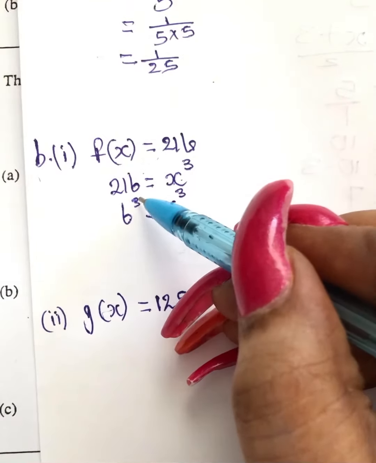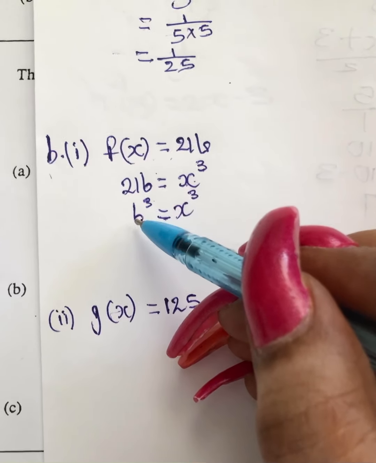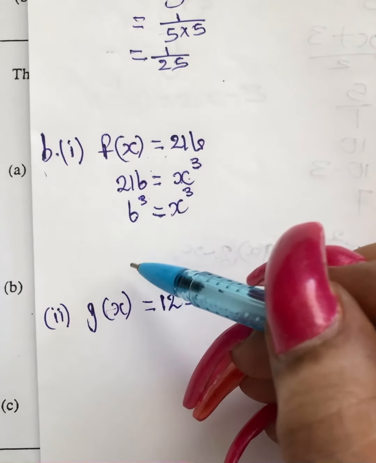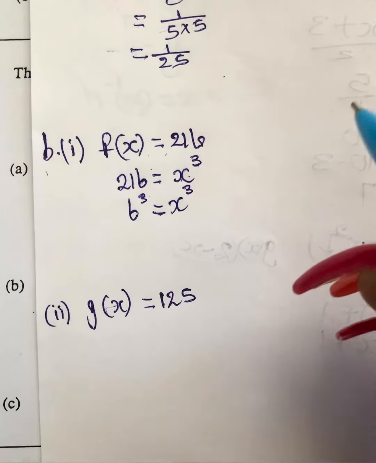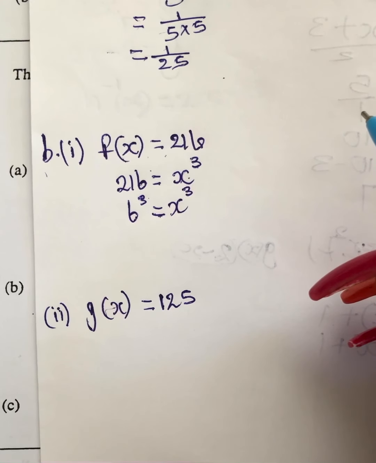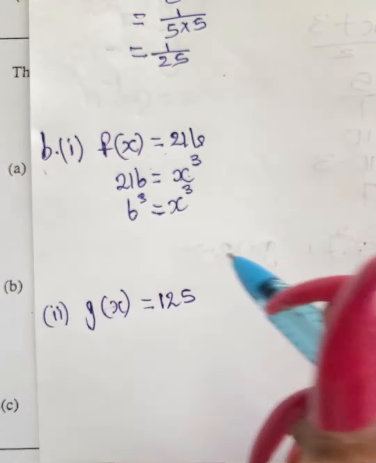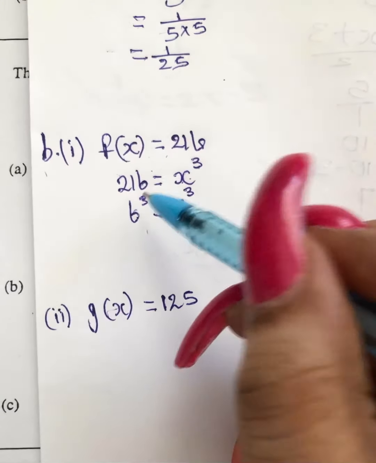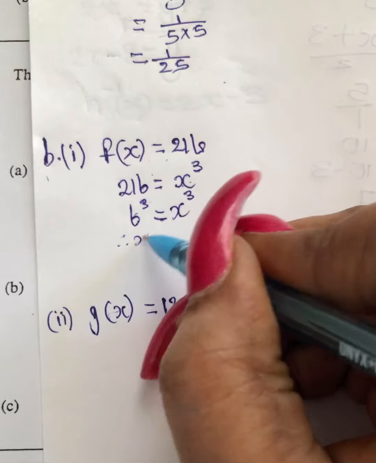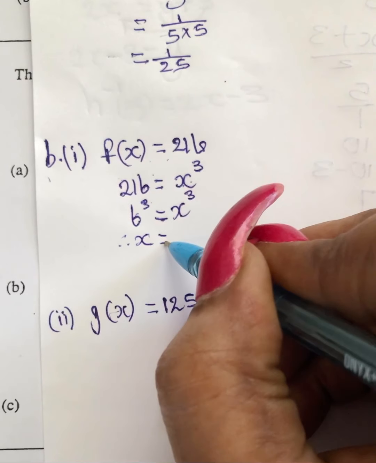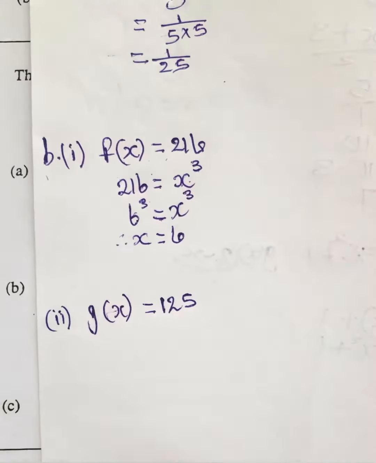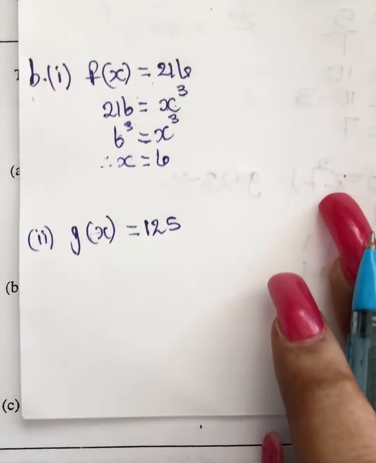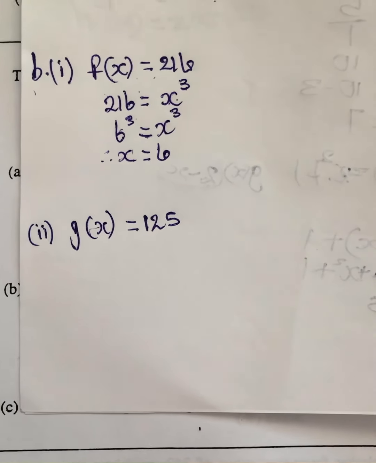And the only thing I could have used was 6, because 216 is the cube of a number. The cube of a number means that you multiply that particular number by itself 3 times. And it's only 6 that we can use. So the value of x is 6.